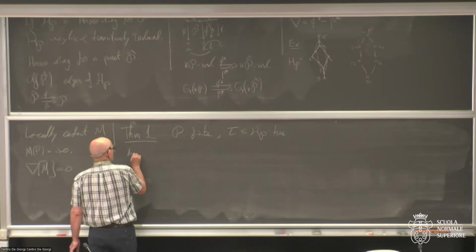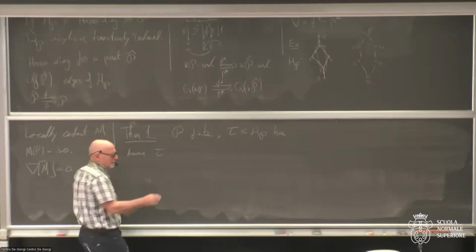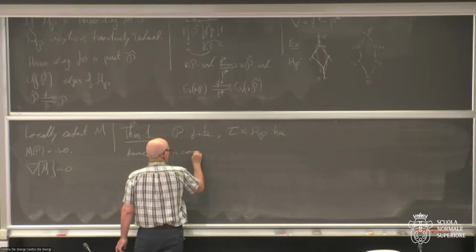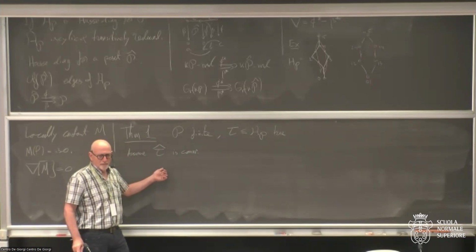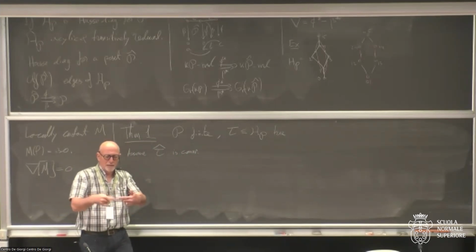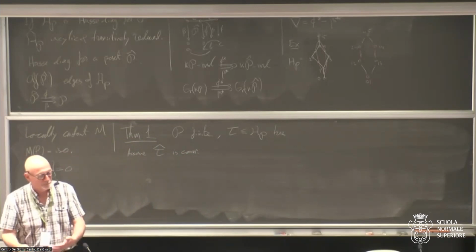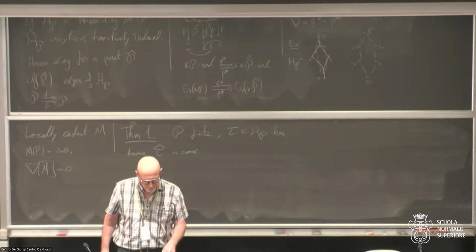Assume that T hat is a digraph, T hat is connected. I didn't write that T is connected because this is implied by this. If the associated line digraph is connected, then the graph that gave rise to it is connected as well. So assume T hat is connected, okay?